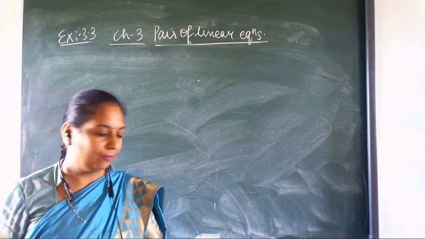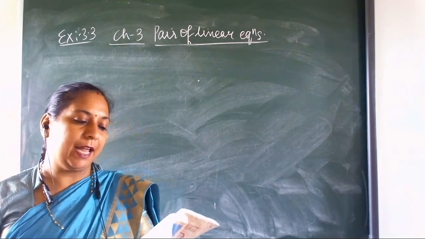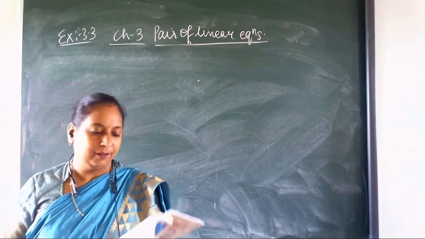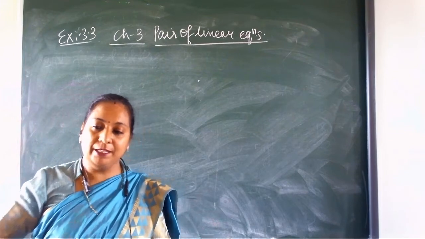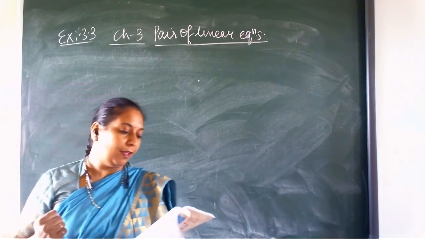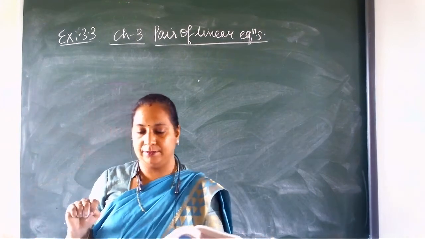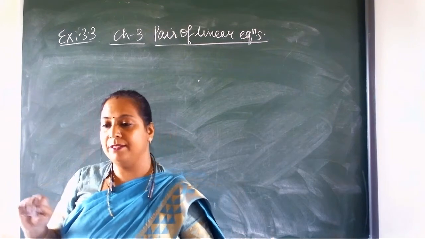Proceeding forward, the age of Jacob will be 3 times that of his son. 5 years ago means behind. Jacob's age was 7 times that of his son. What are their present ages?